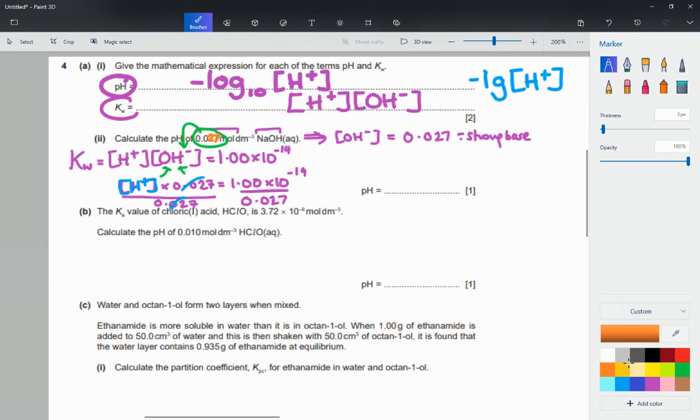Well, in this particular question, when you do the calculation, this works out to be 3.7037 times 10 to the minus 13.